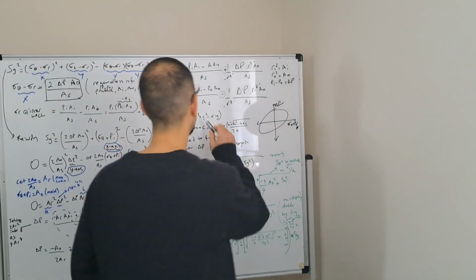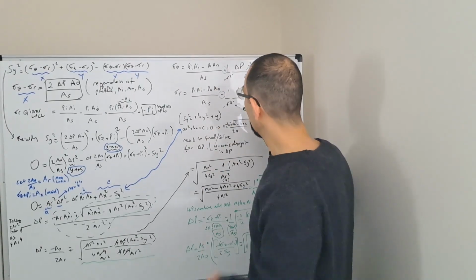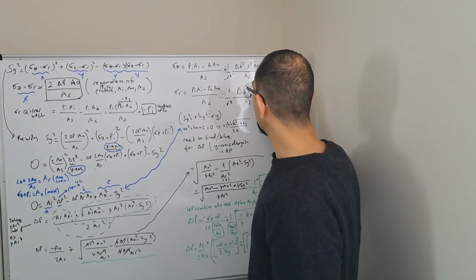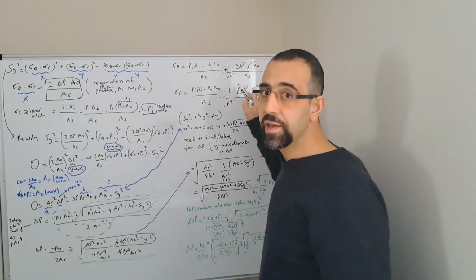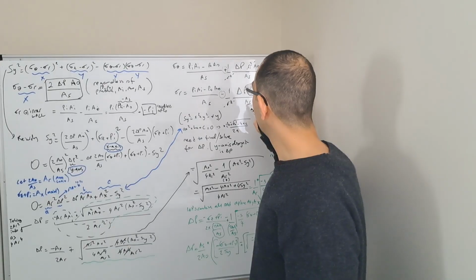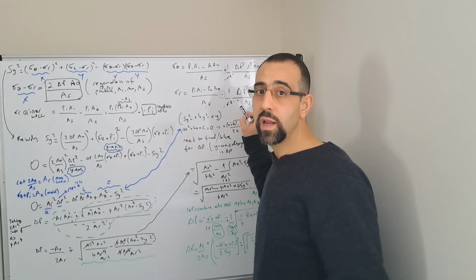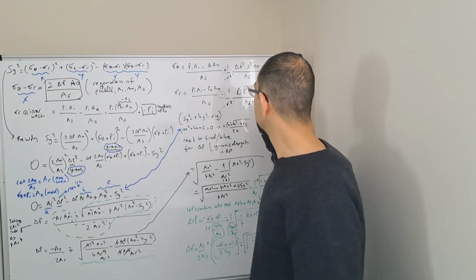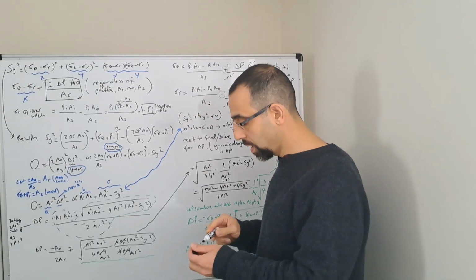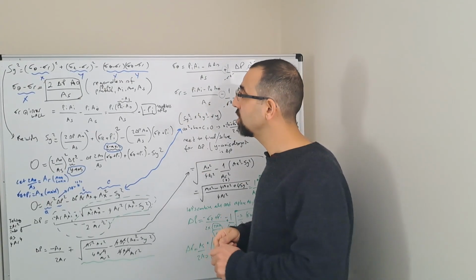Why? Look at this equation. If I take this delta p and expand it as internal minus external pressure, and write the cross-sectional area as outer area minus inner area, you can do it yourself. It will come out as minus internal pressure.